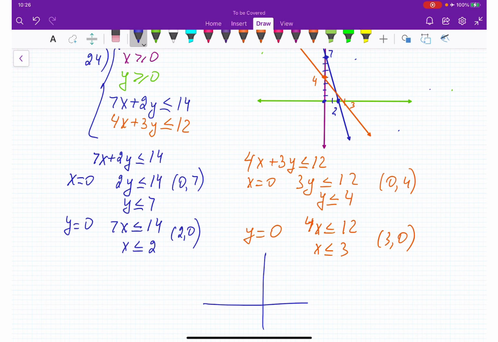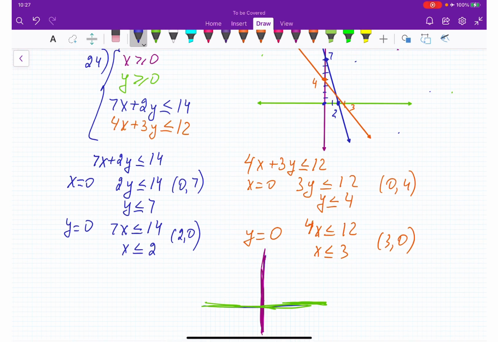So this is going to be my x, right? This is my x. This is my y. This is going to be my blue one. And this is going to be my brown one. Okay, so let's start shading.